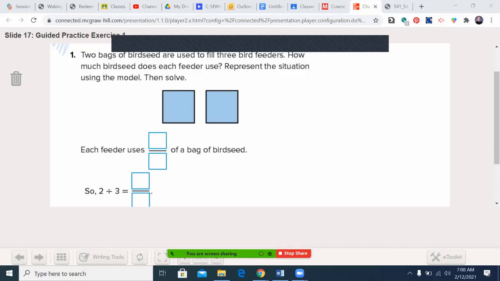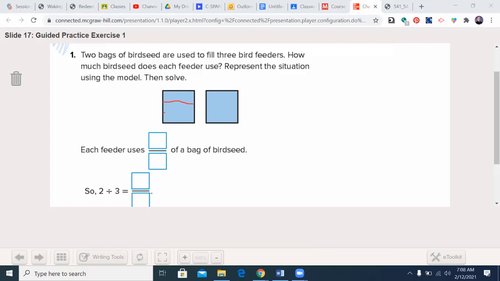All right, so we have 3 bird feeders. So let's split each one into 3 parts. We're assuming they're all the same, and we're assuming my artwork is better. So we have 3 bird feeders. These parts go into feeder 1, feeder 2, and feeder 3.